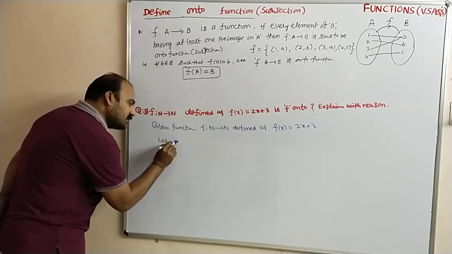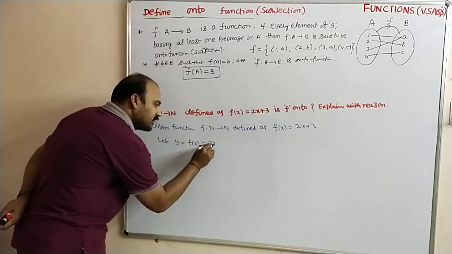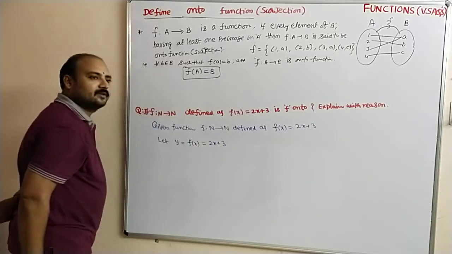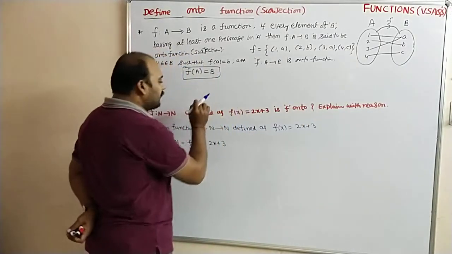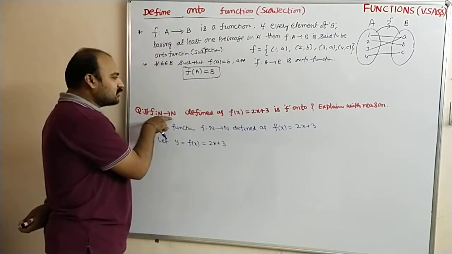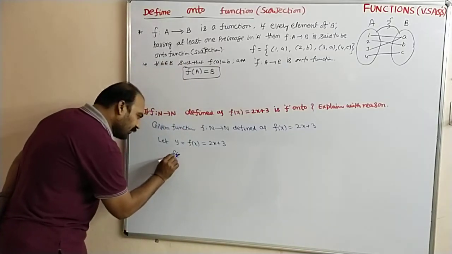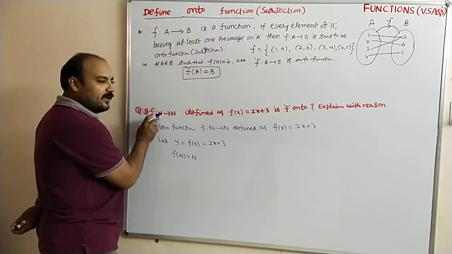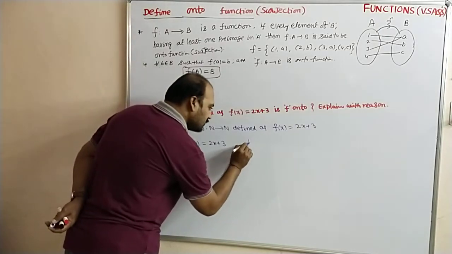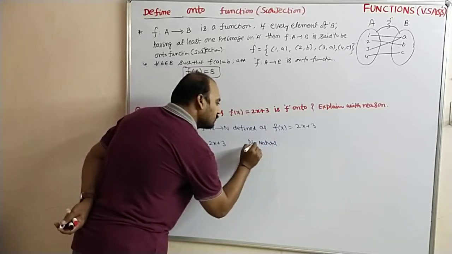Let y = f(x), that also equals 2x + 3. To prove onto, f(A) = B, so f(N) = N, where N values are natural numbers.